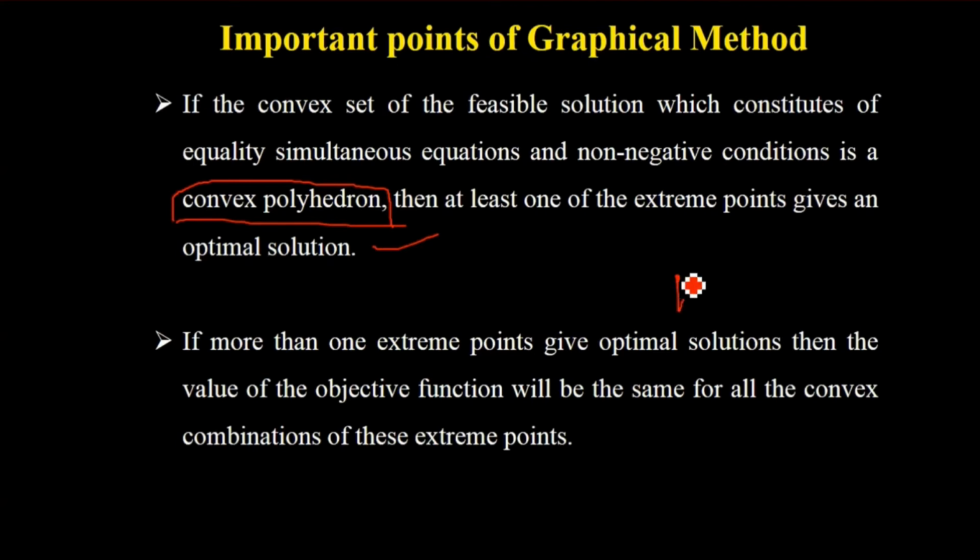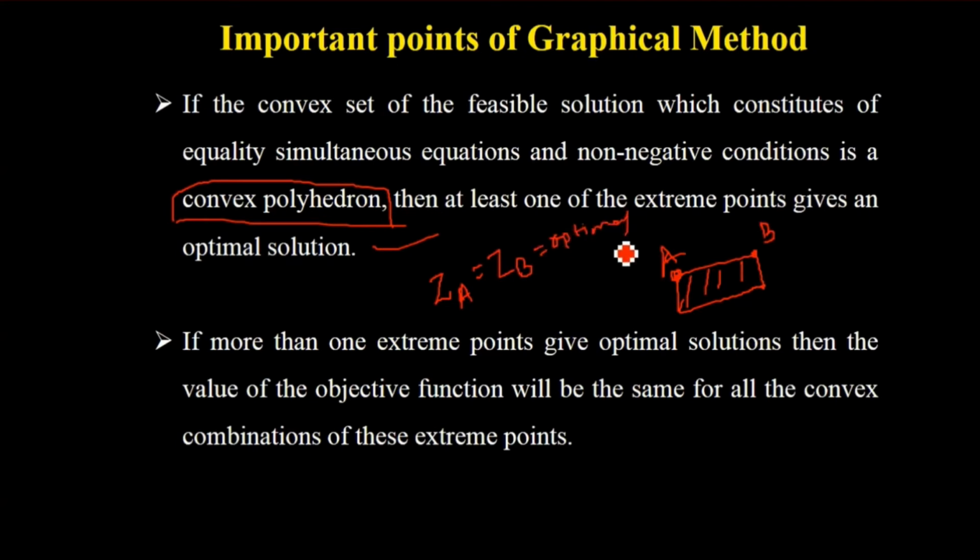Maybe this is a convex region, and this is A and this is B. For both A and B, z of A is equal to z of B, and this is our optimal solution.